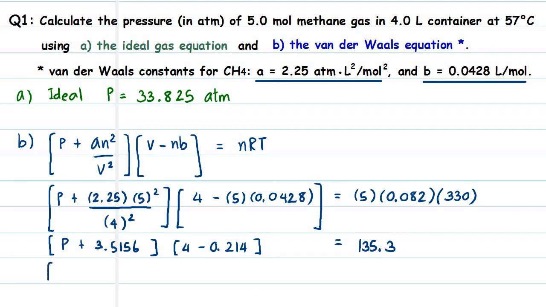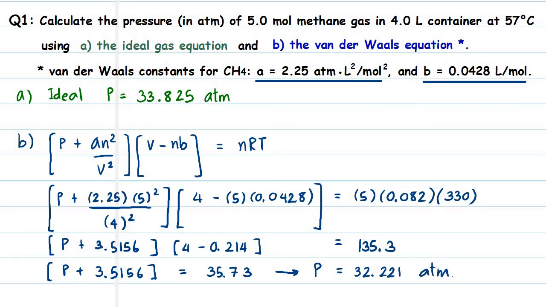And then we should have P plus 3.5156 equal to 35.73, and that's going to give P to be equal to 32.221 atm.